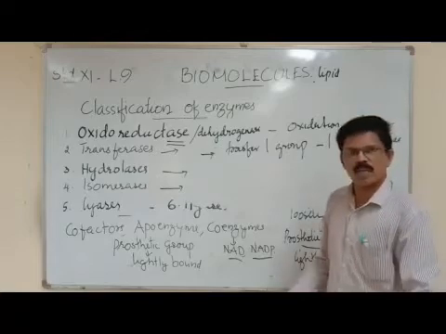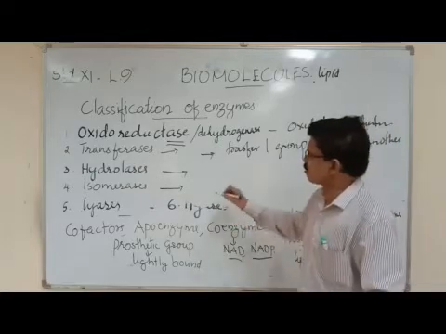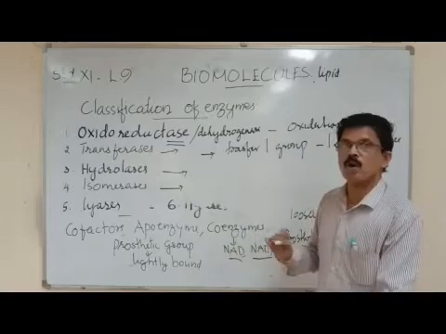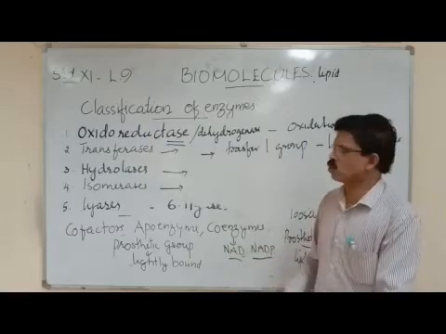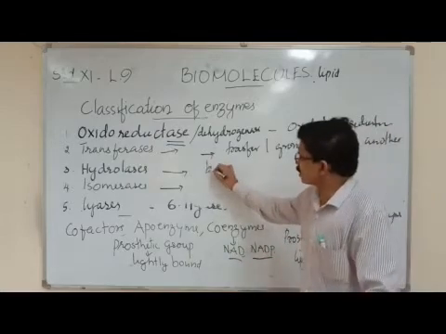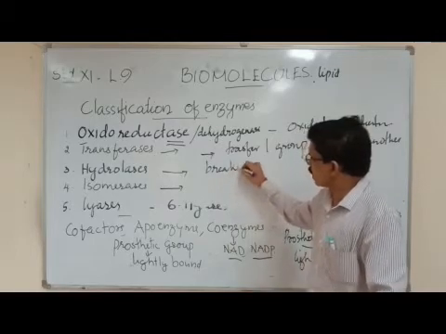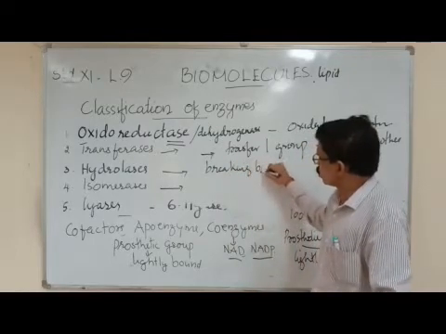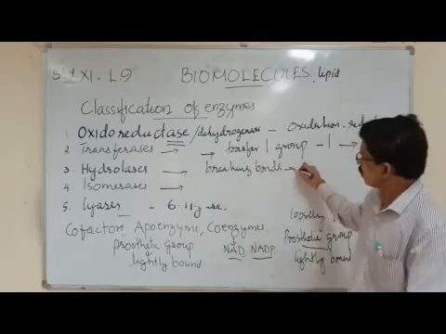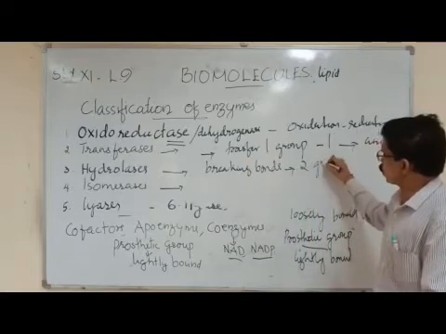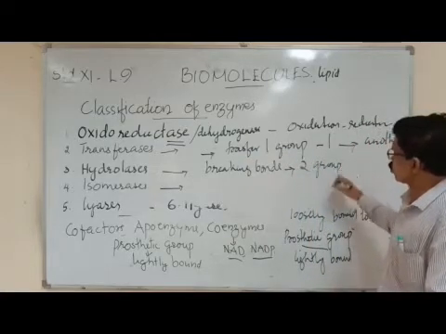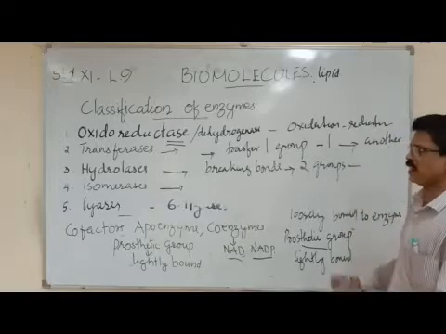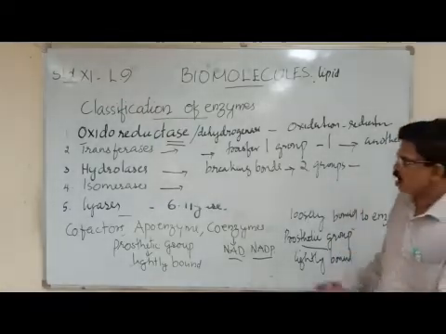Now, what are hydrolases? Hydrolases are enzymes which break down the compound by breaking the bonds in them. So, by breaking the bonds, two groups are separated, or two molecules are separated. They are called hydrolases.